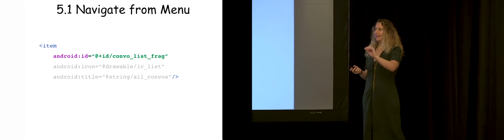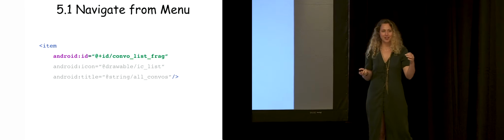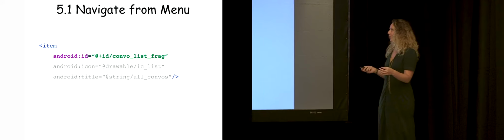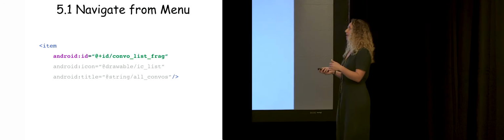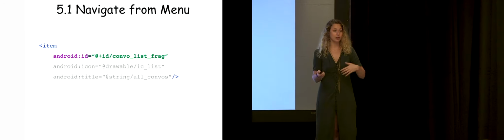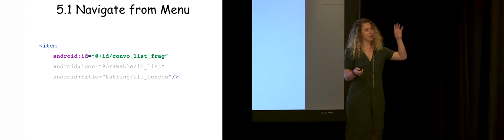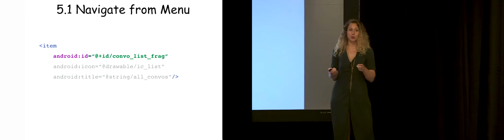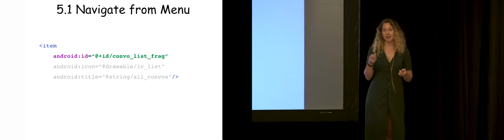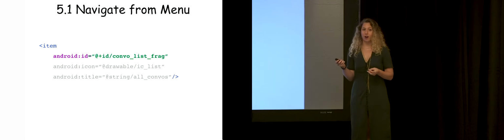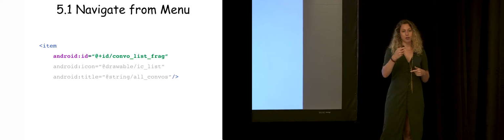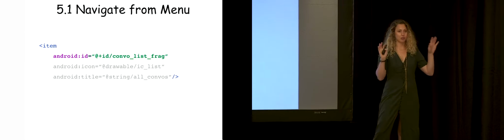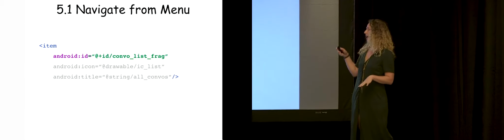A small, specific, unique case, which is really cool, is if you want to navigate from a menu. If you created a menu and you have a menu XML with all the items there, what you can do, which is pretty cool, is just add an ID for the item. So, in addition to the icon and title that you already have there, you add an ID.